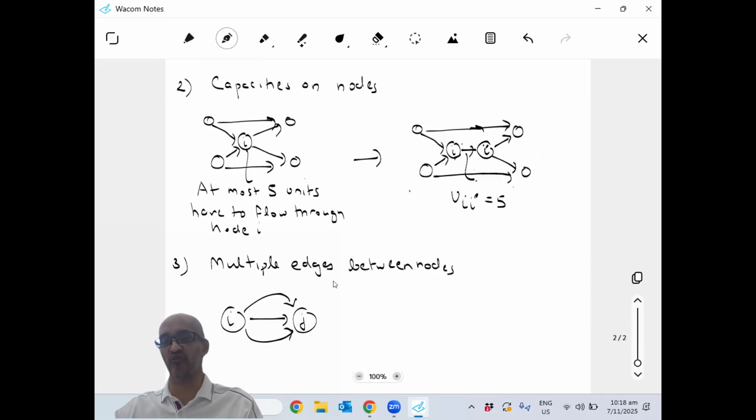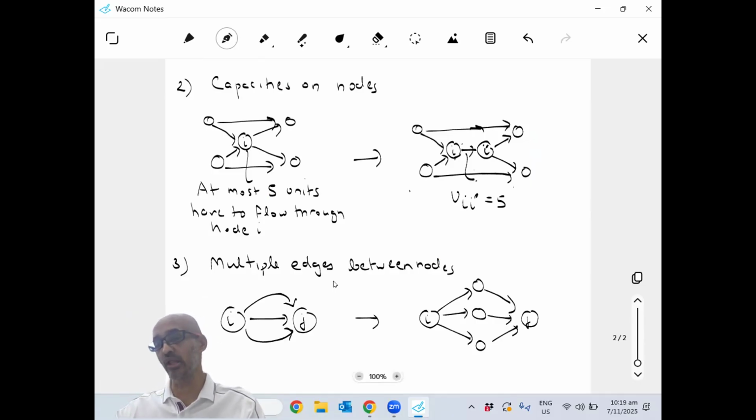You can simply index these things differently, with different indices for the arcs. Another way to think about this is to add some extra nodes here, and you will get back single links between each pair of nodes. These are again transshipment nodes. These two networks are the same.